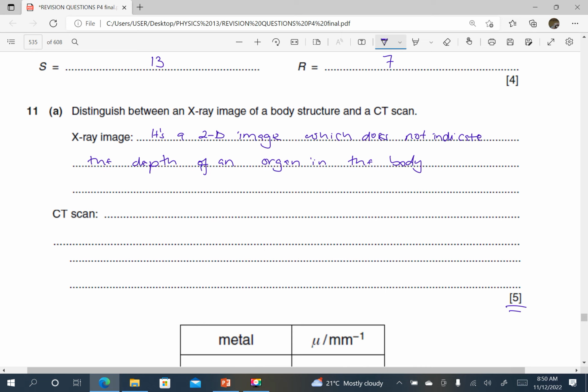Then a CT scan, this one is built, remember, from several X-ray images taken from different angles to form a three-dimensional image. Remember, this one can be rotated and viewed from any angle.